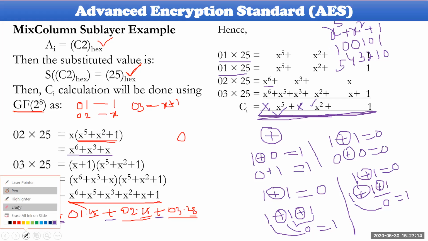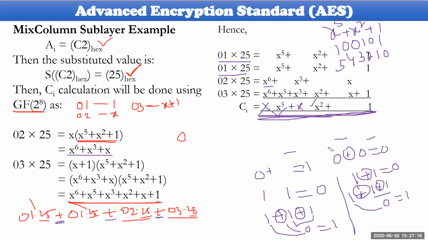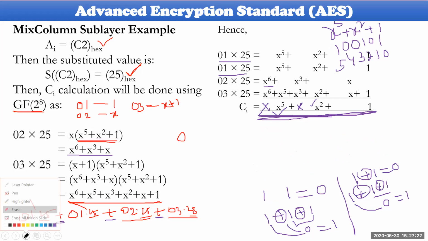Therefore, the value could be available like this. Look at the value here for a while: 1 0 0 1 0 1. If you convert this particular value into hexadecimal, you group 4 binary digits.